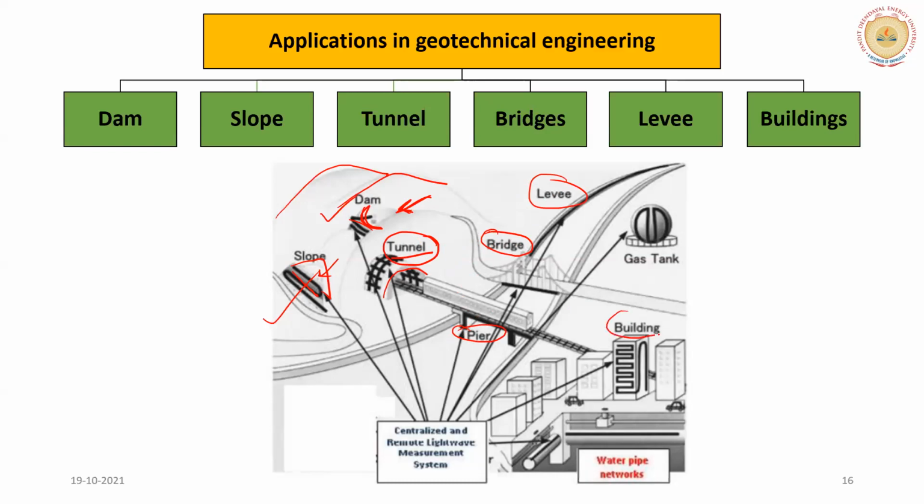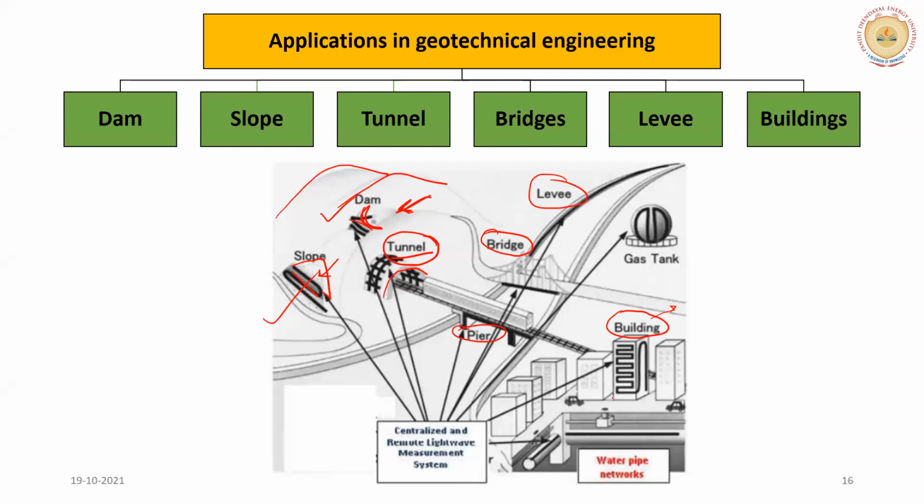For buildings, we can see for tall structures, especially now with a lot of change in the building bylaws, we can see that with the coming high-rise buildings, the importance of damage detection or structural health monitoring keeps on increasing.